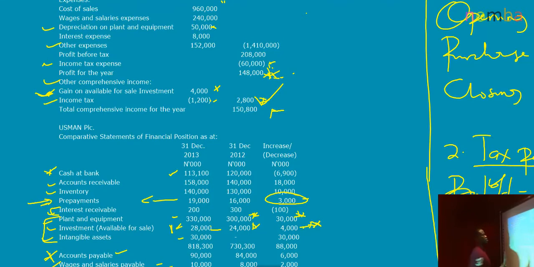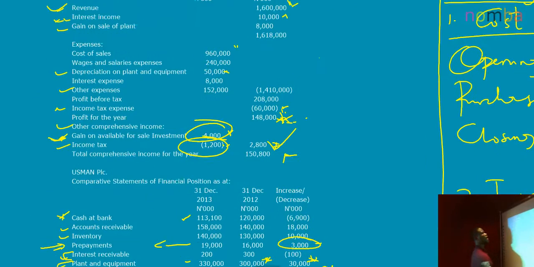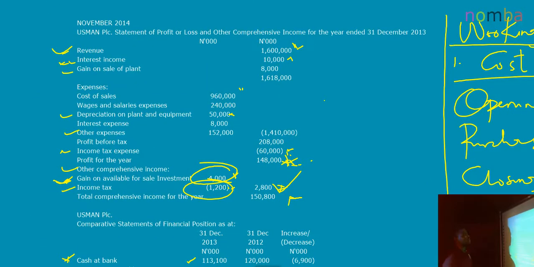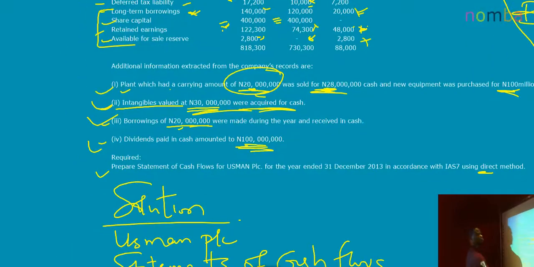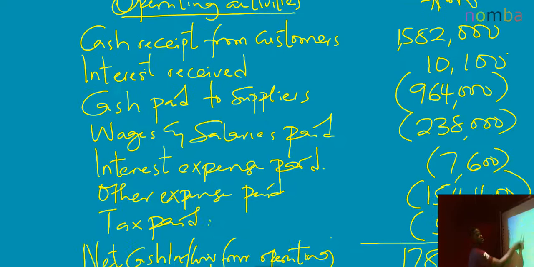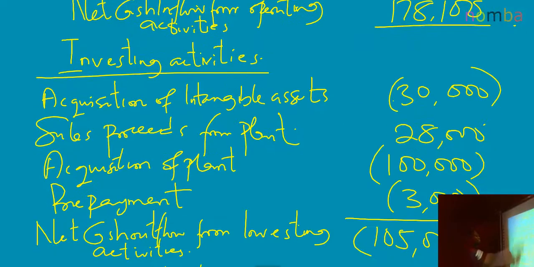This has been confirmed as a non-cash item, and we have already treated it as part of the tax paid. So with this, we have touched all the items in the statement of profit or loss, as well as the statement of financial position. All things being equal, my figures should jive.